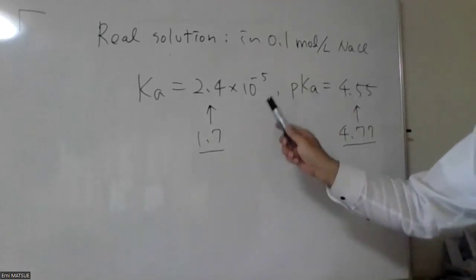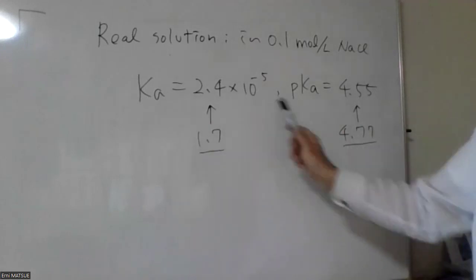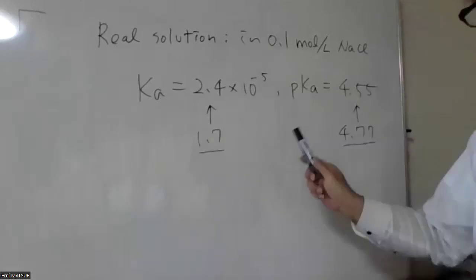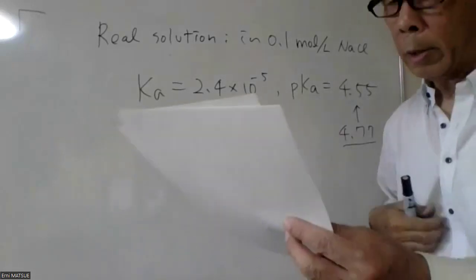In a real solution, Ka increases and pKa decreases as compared to the ideal solution.